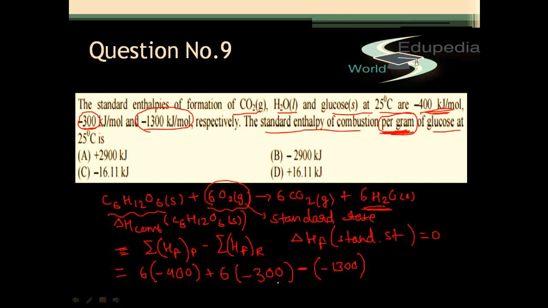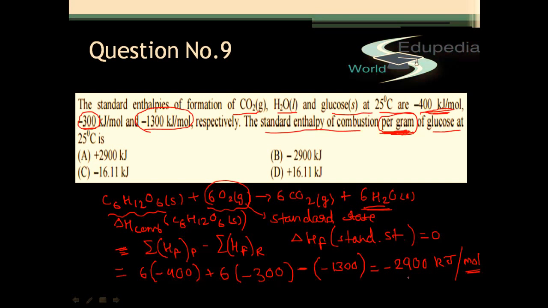And further, if we carry out this calculation, it will come out to be minus 2900, that you can do on your own, that's fairly simple stuff. All these values, as you can see in the question, are in kilojoule. It will be minus 2900 kilojoule per mole. This is very important.